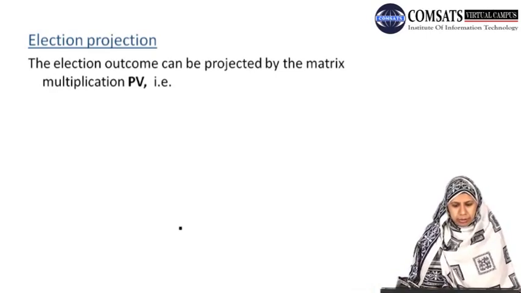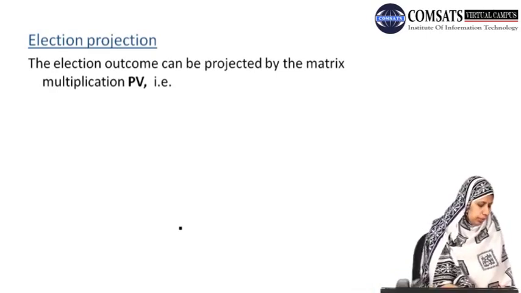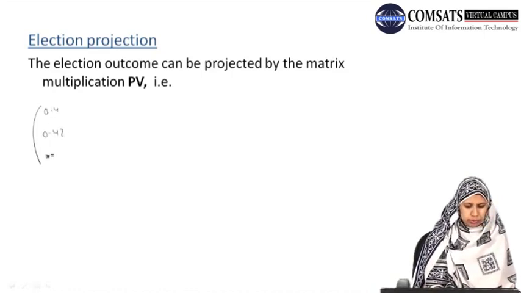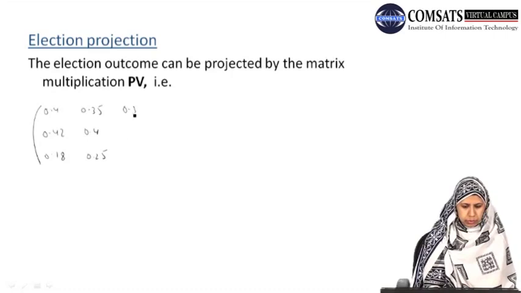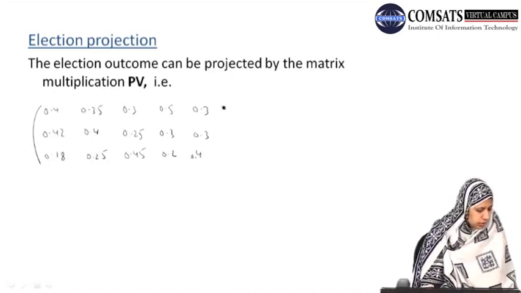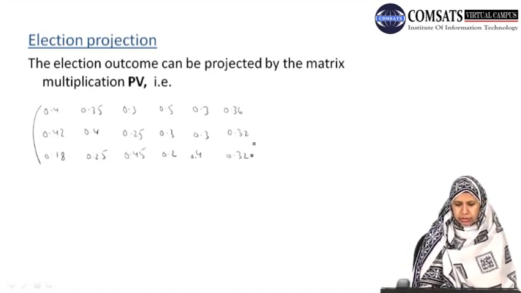We can find the election outcome by multiplying our matrix P with V. That is, our matrix P was 0.4, 0.42, 0.18, 0.35, 0.4, 0.25, 0.3, 0.25, 0.45, 0.5, 0.3, 0.2, 0.3, 0.3, 0.4, 0.36, 0.32 and 0.32.